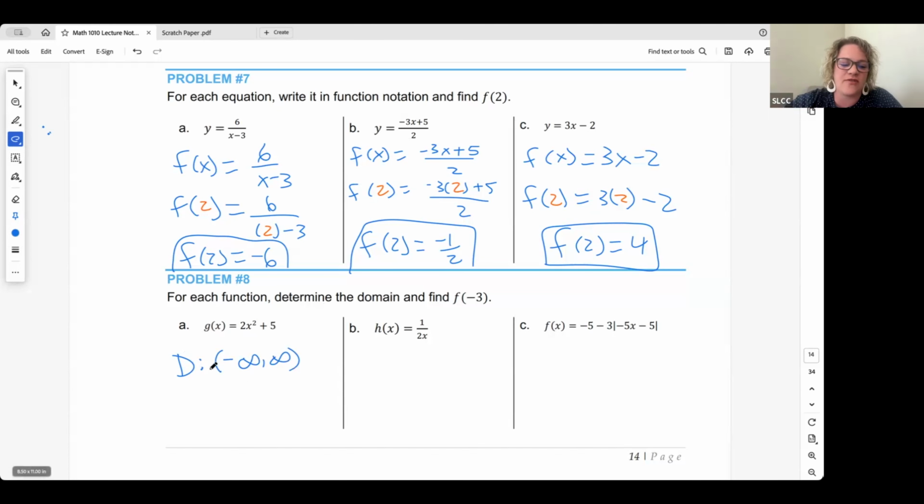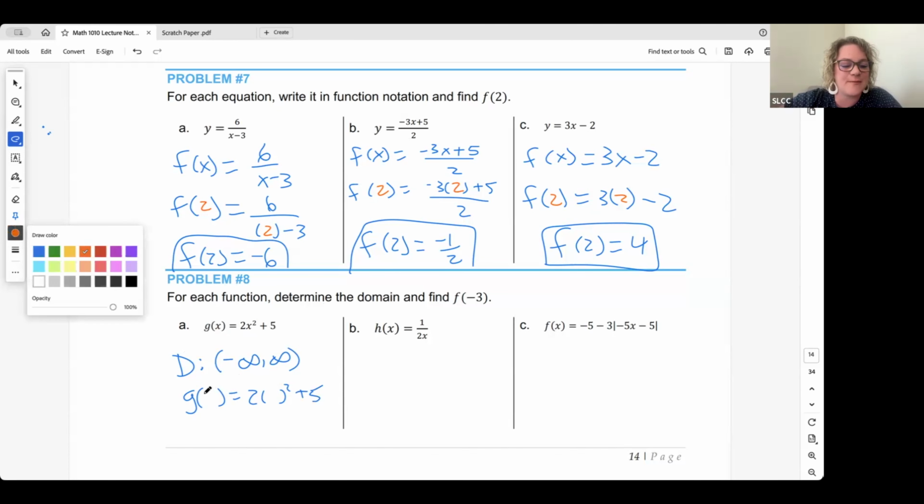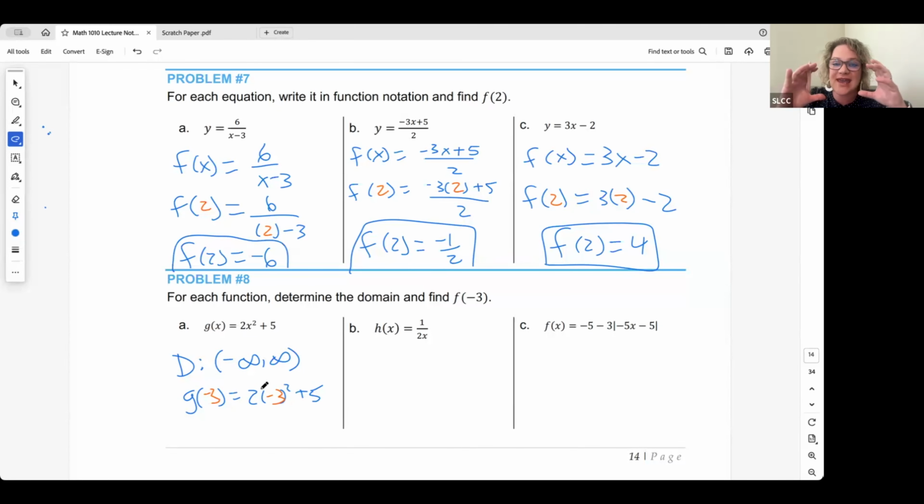Now let's find f of -3, but we're going to say g of -3 just to keep the letters the same. All right, let's plug in -3 and evaluate. -3 squared is 9. Remember, you always plug in parentheses. So that -3 needs to be in those parentheses because it produces a positive 9.